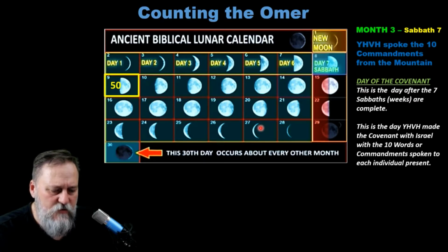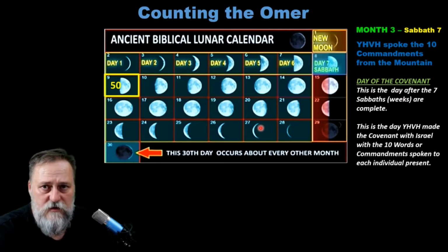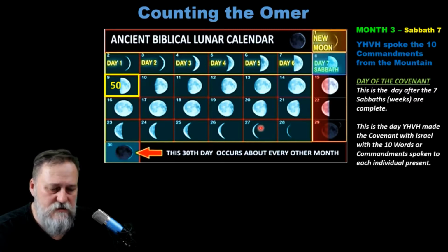Yet again, the number 3 confirms the concept of the covenant. The first time it was spoken verbally to every single person. The second time the tablets were received as confirmation of those words. They broke those commandments, and the tablets were broken as a result of that. And then the third time they received the commandments, but these commandments stayed intact, just like the first words that were spoken.